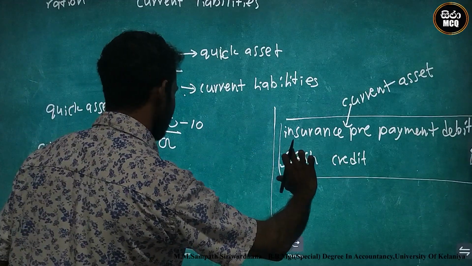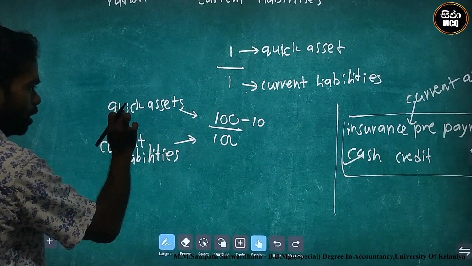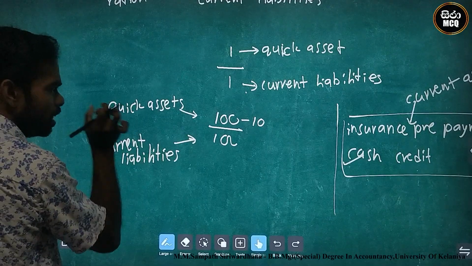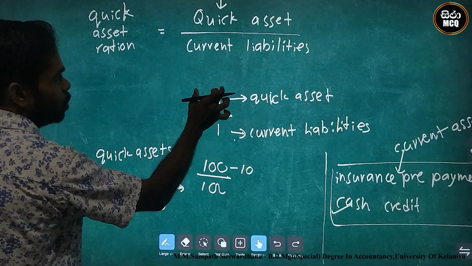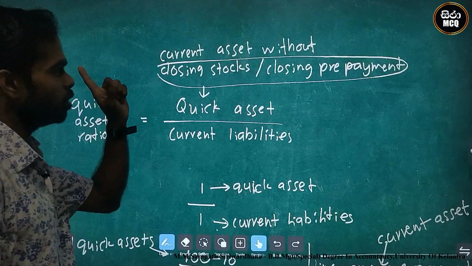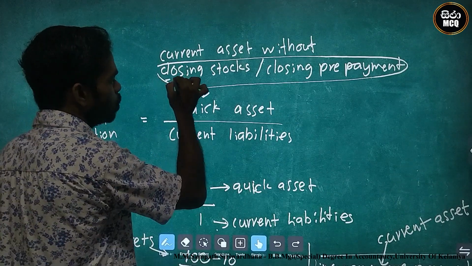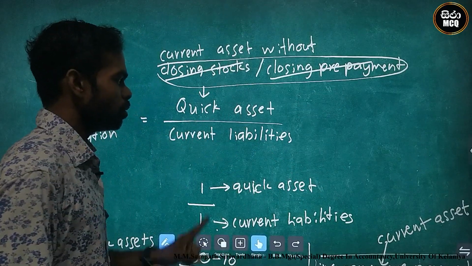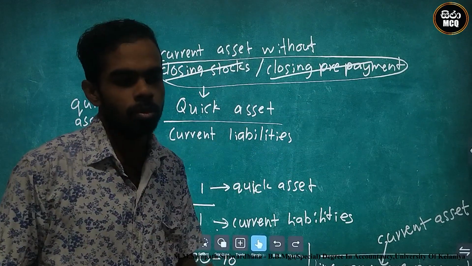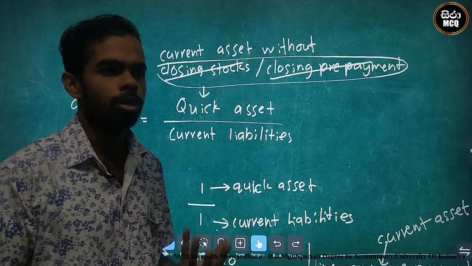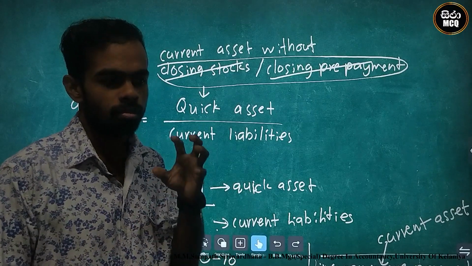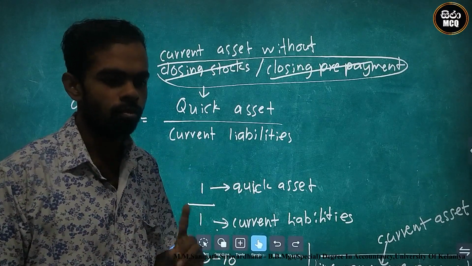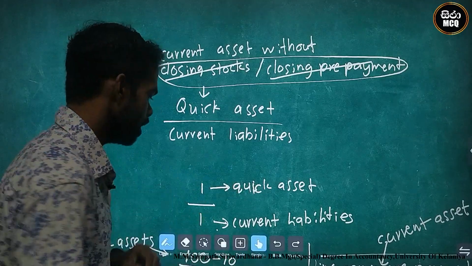Insurance prepayment is a current asset, but we want quick assets, which do not include closing stocks and closing prepayments. Therefore quick assets do not include prepayment, so there is no impact on quick assets. Why? Prepayments are not there.